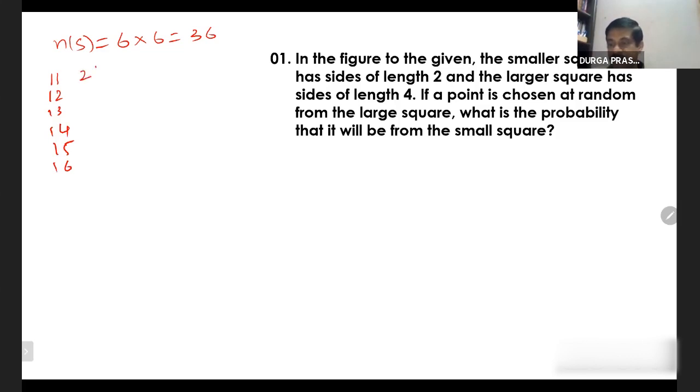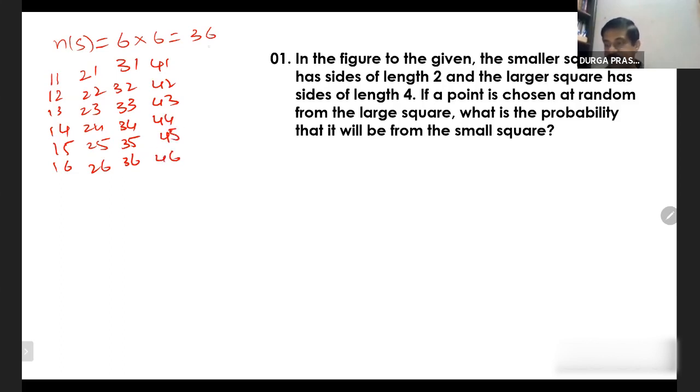Then 2, 1 through 2, 6. Or 3, 1 through 3, 6. 4, 1 through 4, 6. Otherwise 5, 1 through 5, 6. Otherwise 6, 1 through 6, 6. So these are all the 36 possibilities.